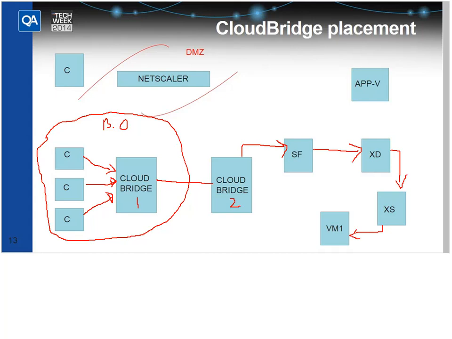Now, normally, if a user was going to make a connection, a user would sit at that client device. They would then establish an ICA session directly to the virtual machine over on the right-hand side. So they would be sitting here at this client device on the left-hand side, and they would establish an ICA session which would go directly to this virtual machine number one.